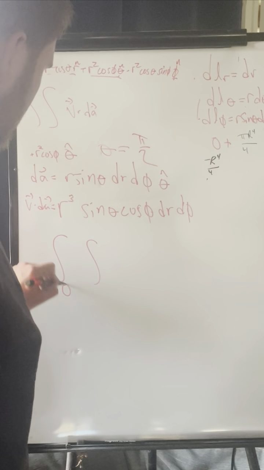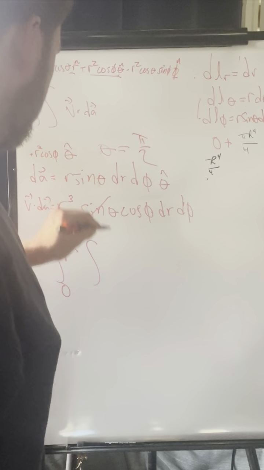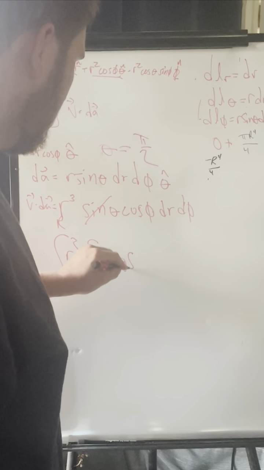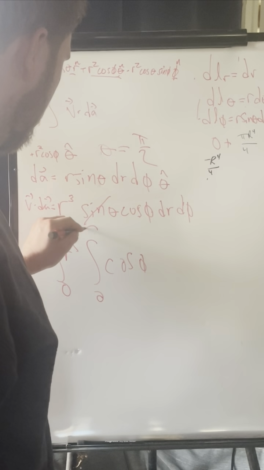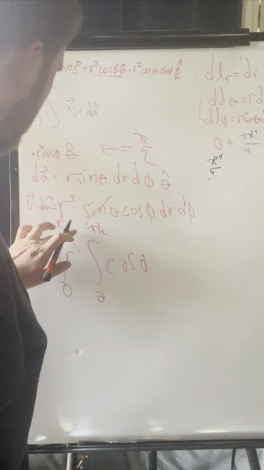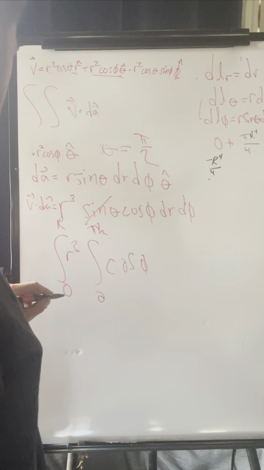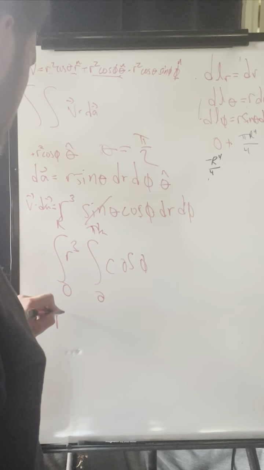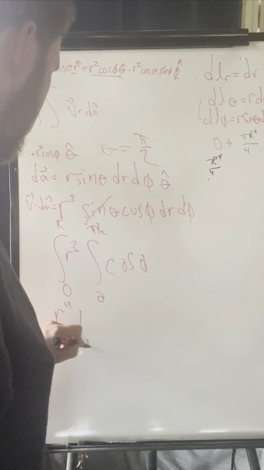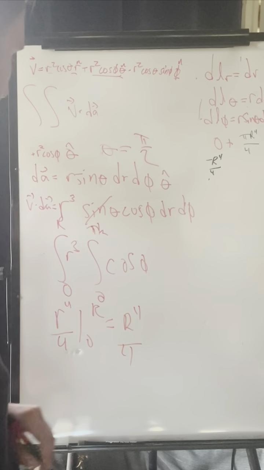Integrate that from 0 to r. Sine theta is just going to be equal to 1. So cosine of phi from 0 to pi over 2, and that's going to be r cubed, which integrates to r to the 4th over 4.